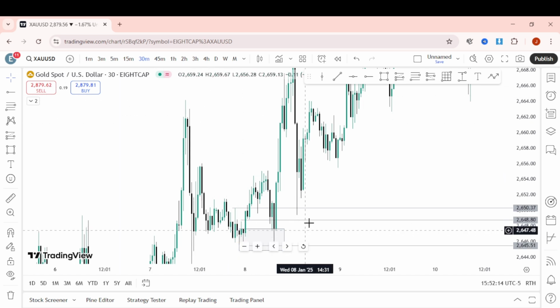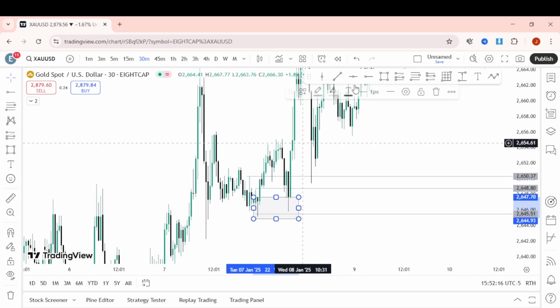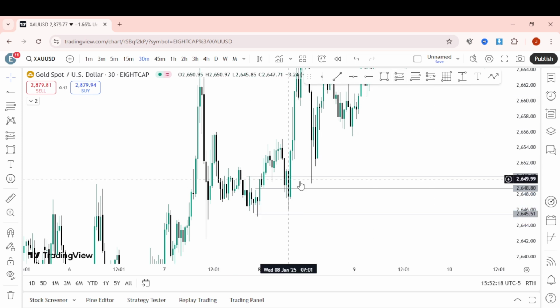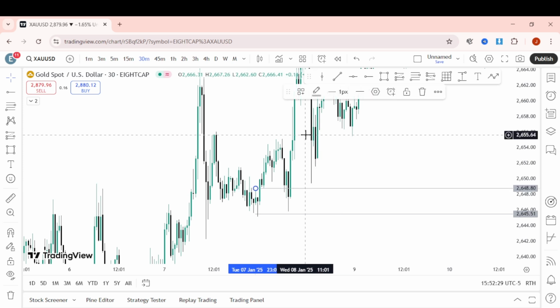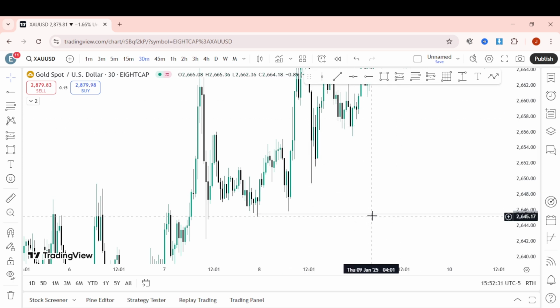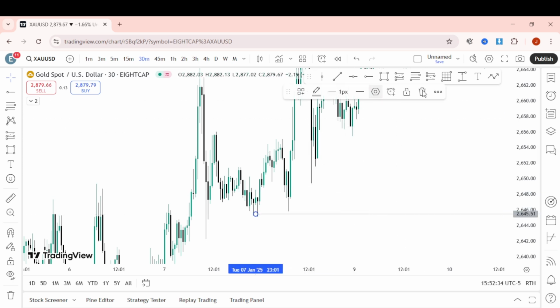I have to show you that this doesn't only work on gold. This works on all trading instruments, even crypto, indices, commodities. It could be euro, pounds, whatever. It works everywhere.